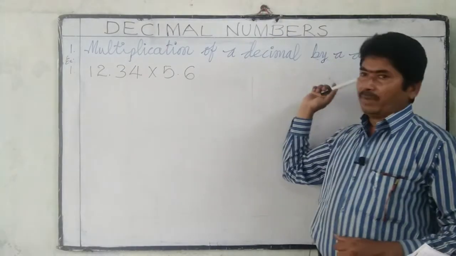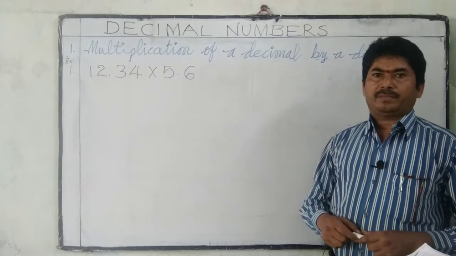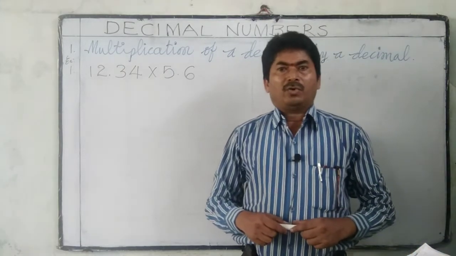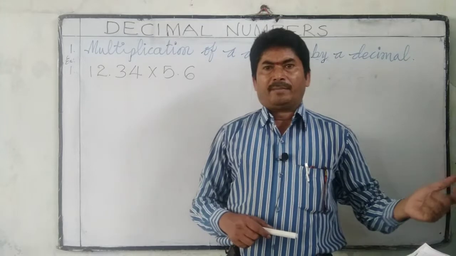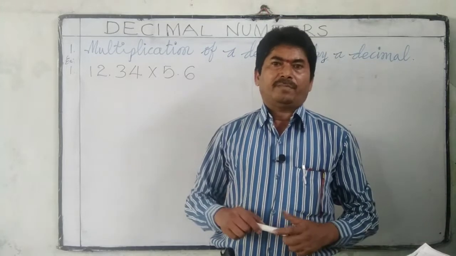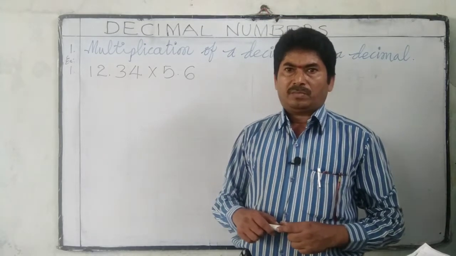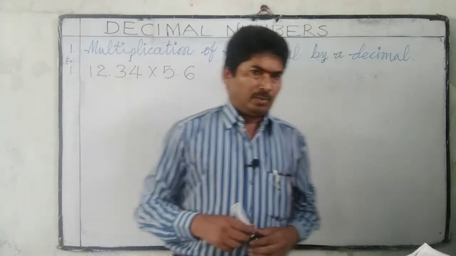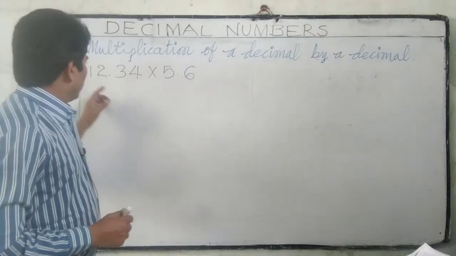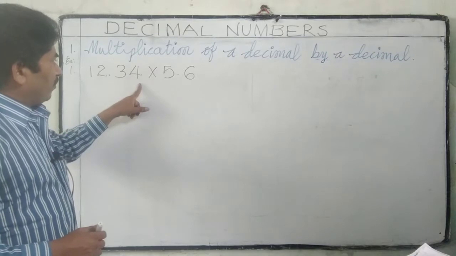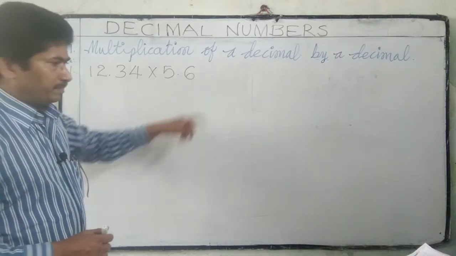Multiplication of a decimal by a decimal. How to multiply a decimal number by another decimal number? Let us know by taking an example. 12.34 into 5.6.